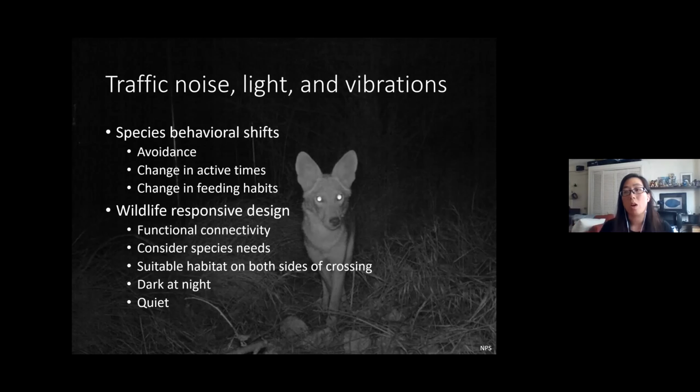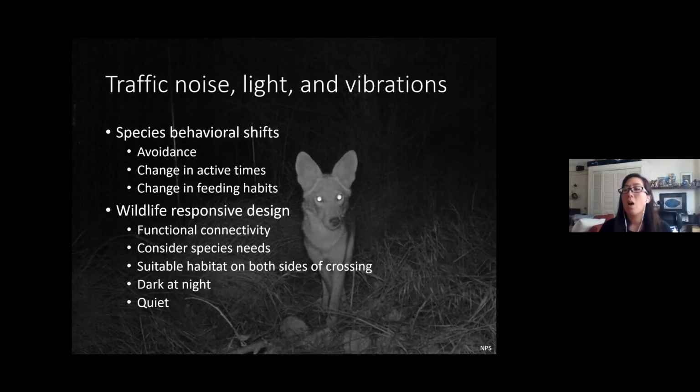Sometimes, because traffic is loud, bright, and has a lot of vibrations, that can affect how species behave. Even if there is a crossing, if it's too noisy or too bright, a lot of species might still avoid it because it's not something they're used to or comfortable going through or under or across.